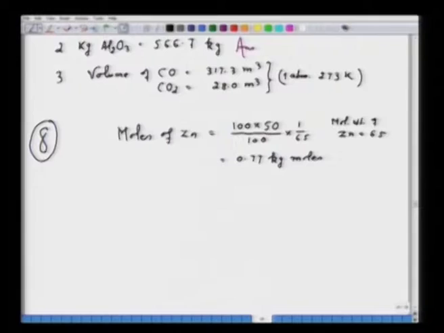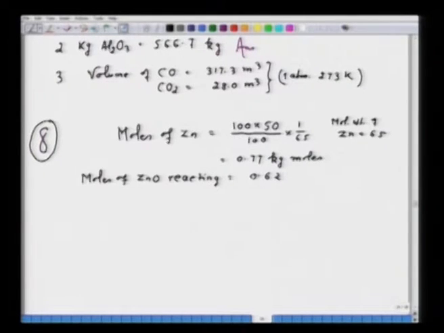Now, the problem says 1/5 of the ZnO remains unreduced. So, moles of ZnO reacting. Now, mind you, 1 mole of Zn is also 1 mole of ZnO. So, 0.77 kg moles of Zn equals 0.77 moles of ZnO also. So, moles of ZnO reacting will be 80% of this, that is 0.62.